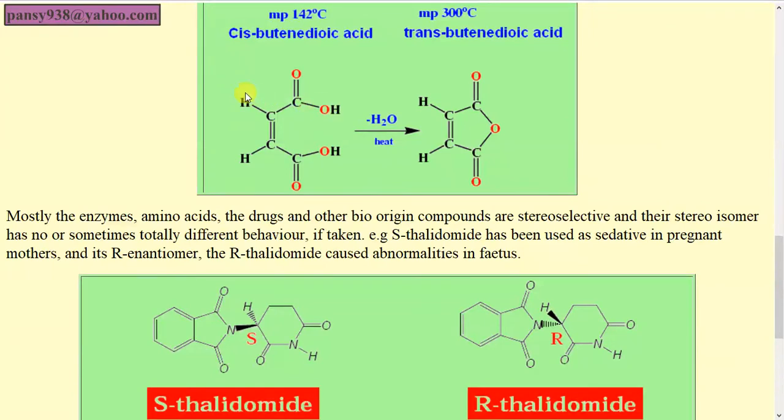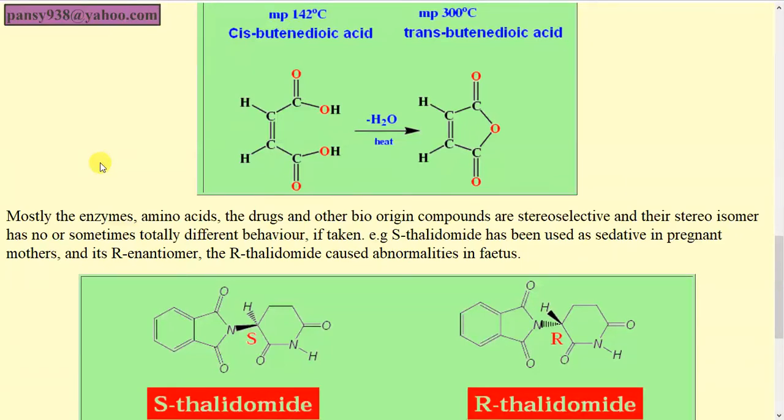Mostly the enzymes, amino acids and drugs which are of bio-origin are stereoselective, and their stereoisomer has no effect or sometimes a totally different behavior when taken. You will see many examples in the coming lectures.